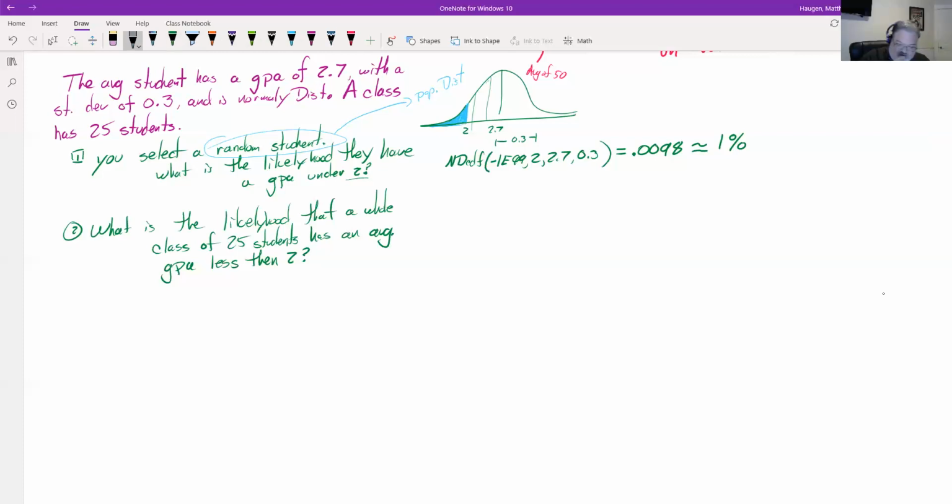Or how do we express that difference? Where does this average of 25 students live? In the sampling error. What? That was very, very close.